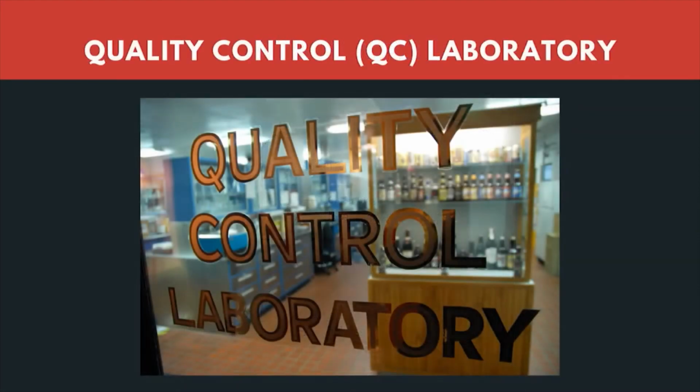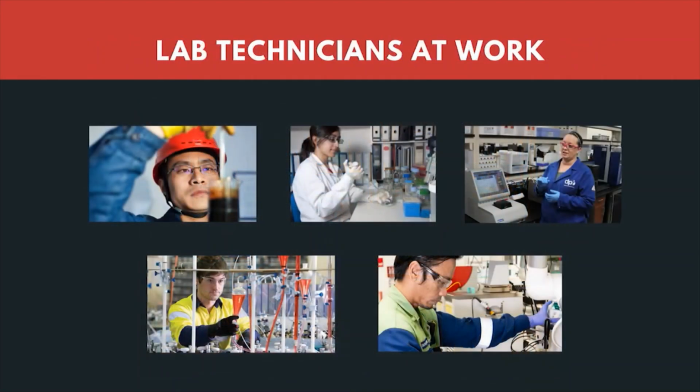The quality control laboratory plays a very vital role in continuous operation of the unit, and it allows the refinery to pump out the products to be dispatched to the end customers. Inside the lab you have technicians who are at different skill levels.